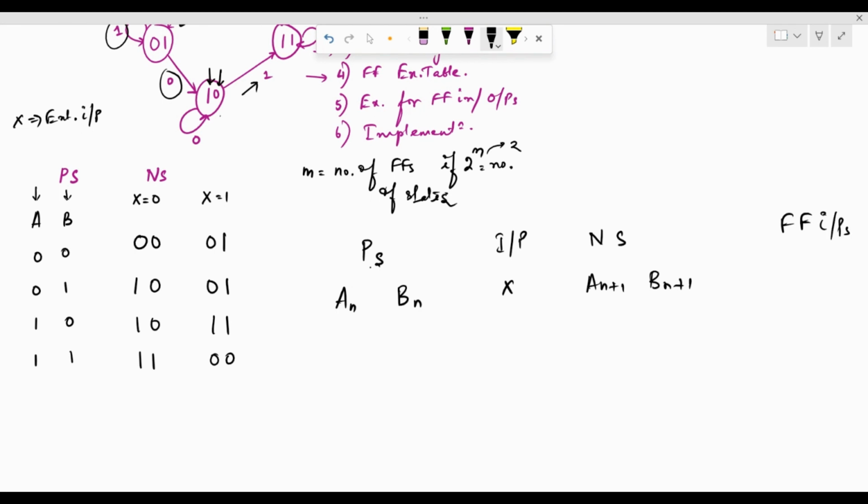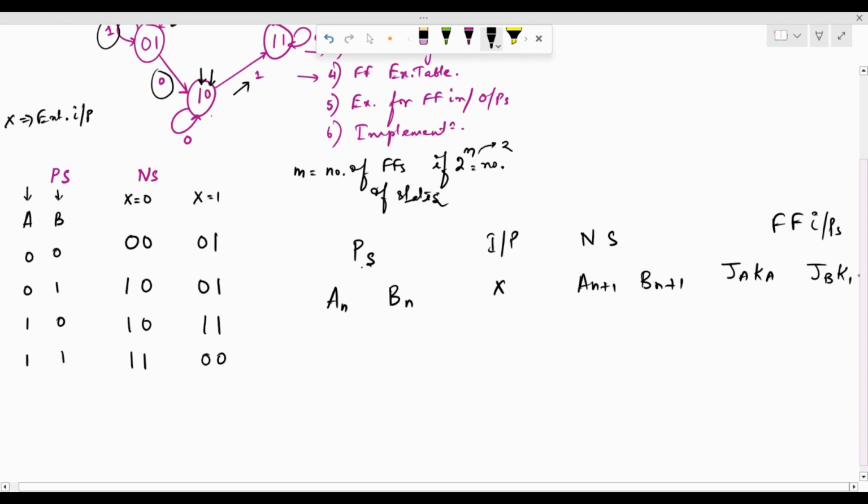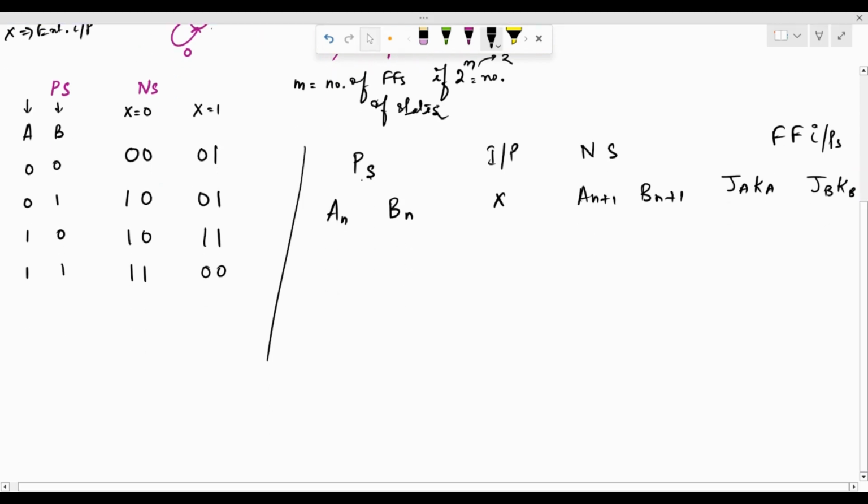In this case, we have two flip-flops, so we are going to have JA KA and JB KB, because we are going to use the JK flip-flop for this implementation. These are the headers for my excitation table for the JK flip-flops. Now we can fill up this table, keeping in mind that we have the state table.